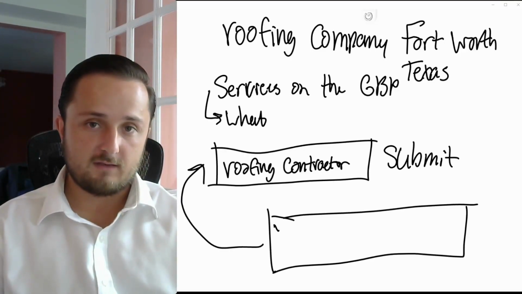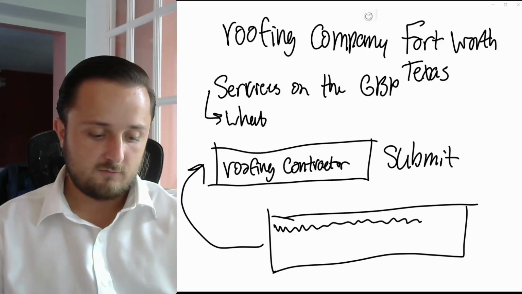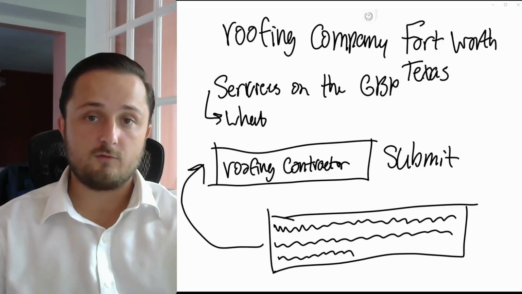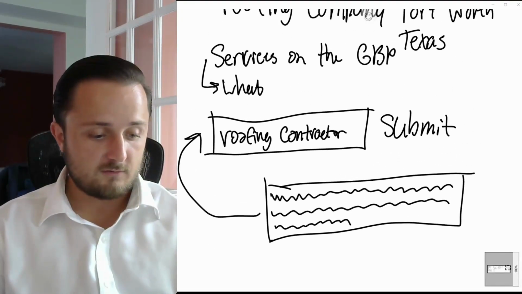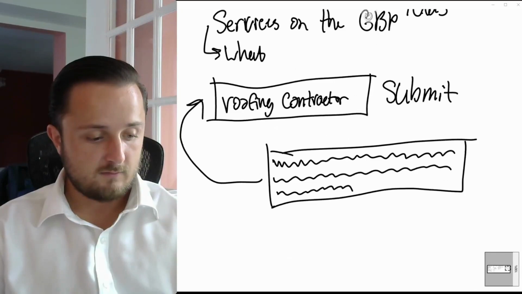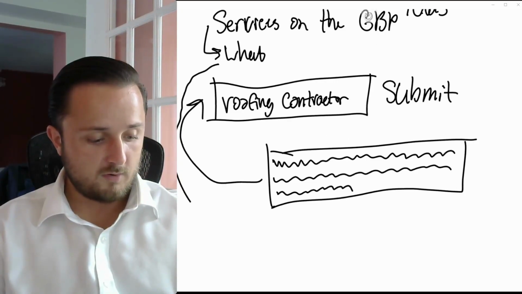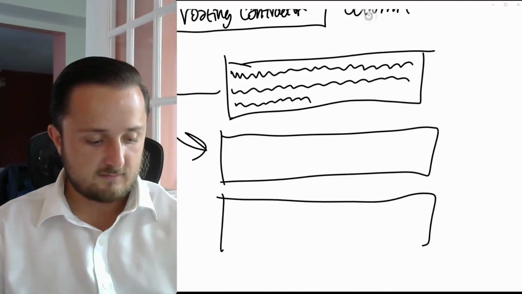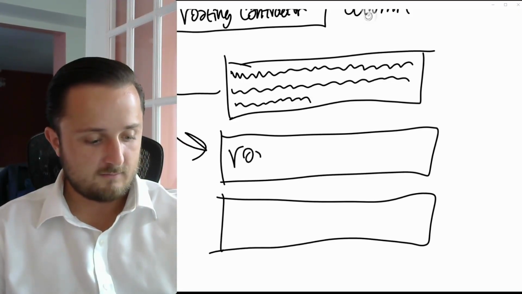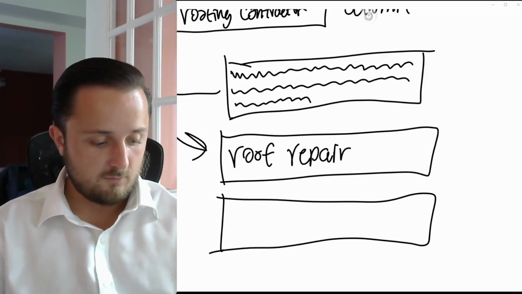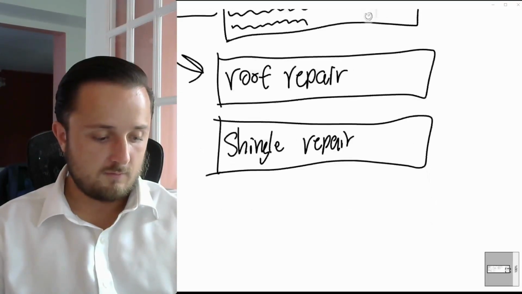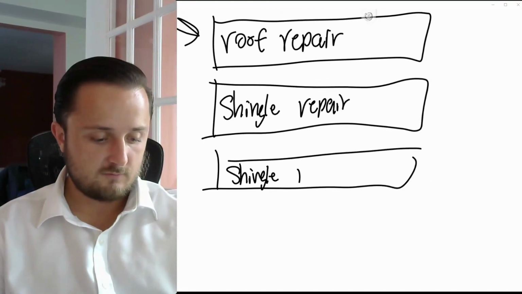This is when you're going to write a 2 to 3 sentence description for each service that you place on the Google Business Profile. When you're thinking about what to place, you're going to place keywords or terms that common people search, like roof repair as a service, or shingle repair, or even shingle replacement.